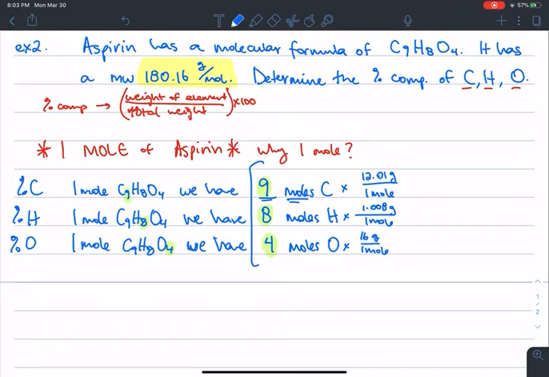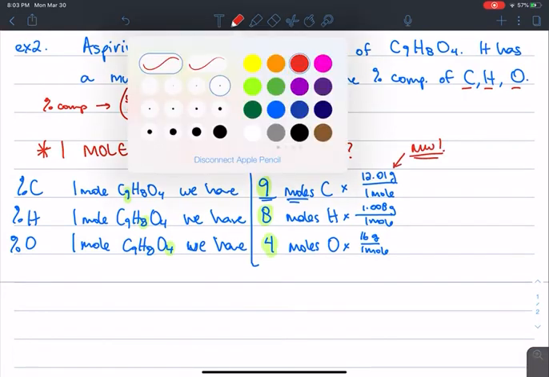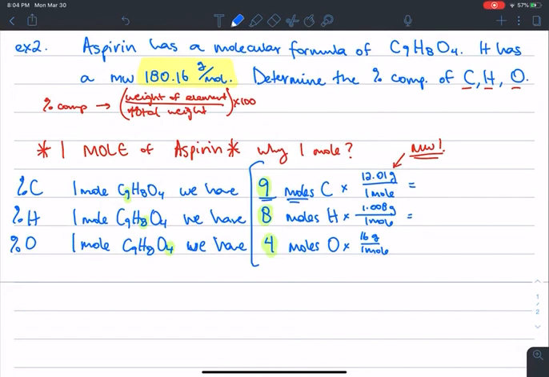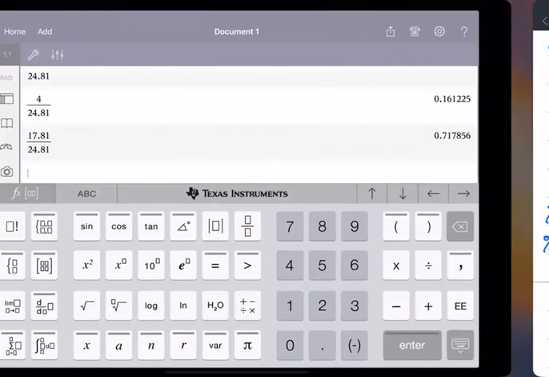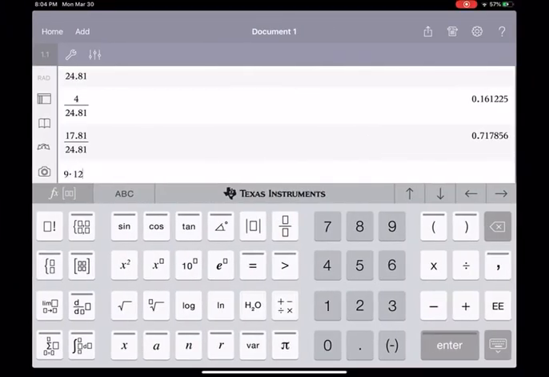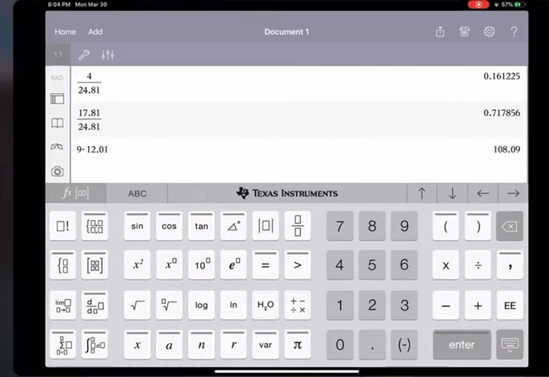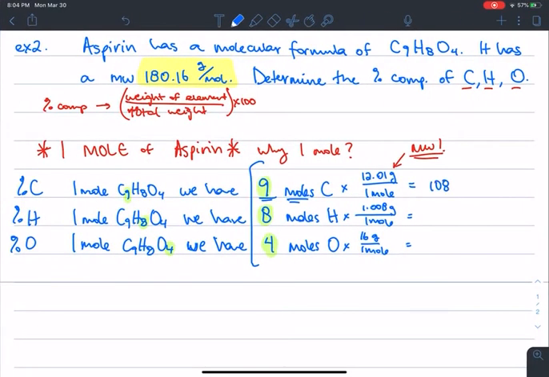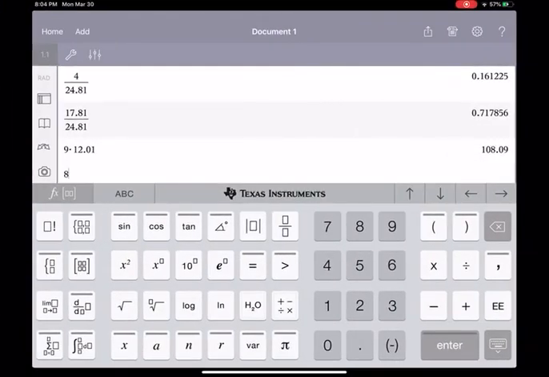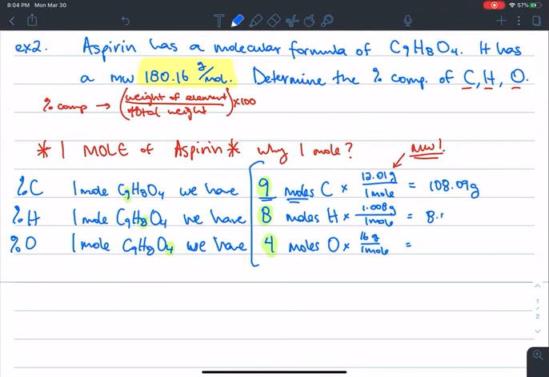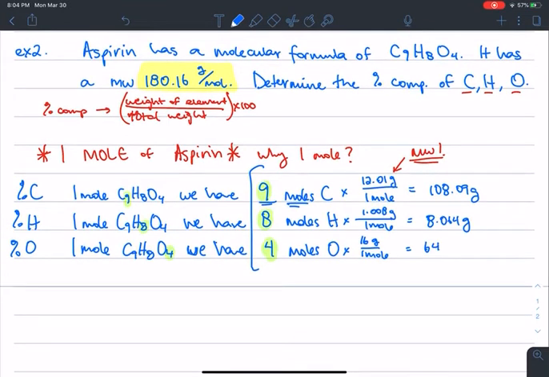These are the molecular weights. So now let's get our handy dandy calculator out and figure out what these numbers are. We have 9 times 12.01 equals 108.09 grams. We have 8 times 1.008 is 8.064 grams, and then 4 times 16 is 64 grams.